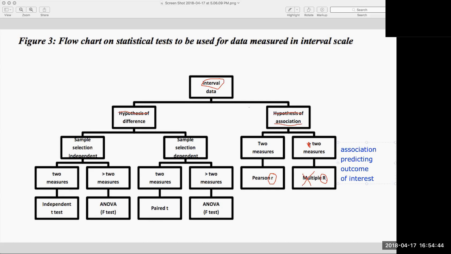So if we wanted to, say, predict height of professors, height in centimeters, and their salary in dollars, we could do a scatter plot, just as we would for the association for Pearson's R correlation. And with Pearson's R correlation, we would come up with a correlation coefficient, and we would interpret that.